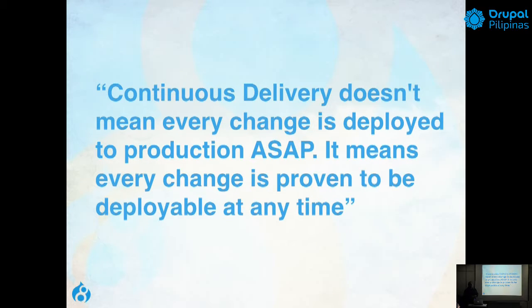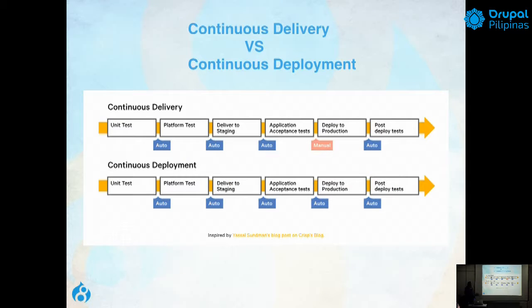In a traditional development company, they will say, let me check, sir. Let me check if may bug pa or if it's ready for deployment. But continuous delivery is already done. It's just waiting for the right click to deploy that on production.